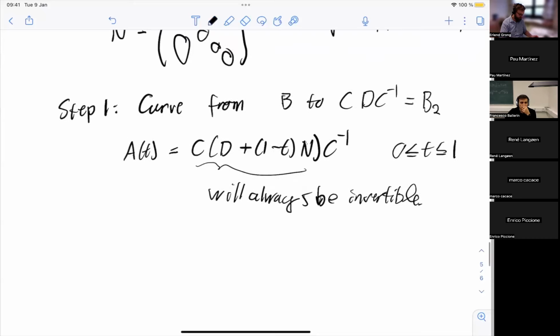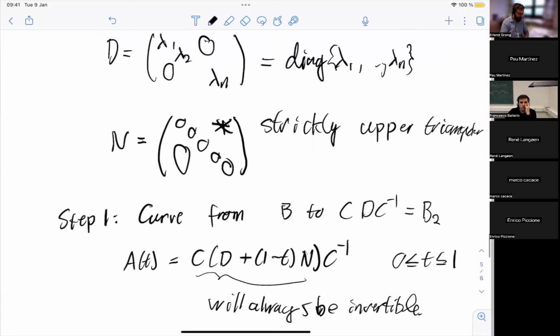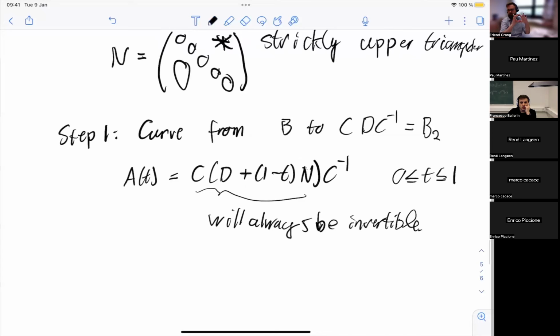But if you have an upper triangular matrix, then for any upper triangular matrix, the eigenvalues are on the diagonal. If the determinant is non-zero, you can do anything with the upper diagonal, the determinant will remain non-zero.